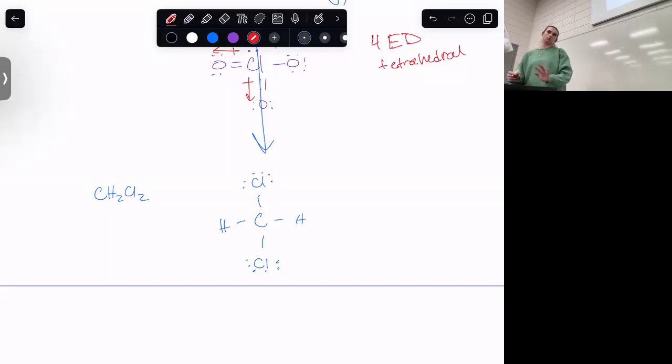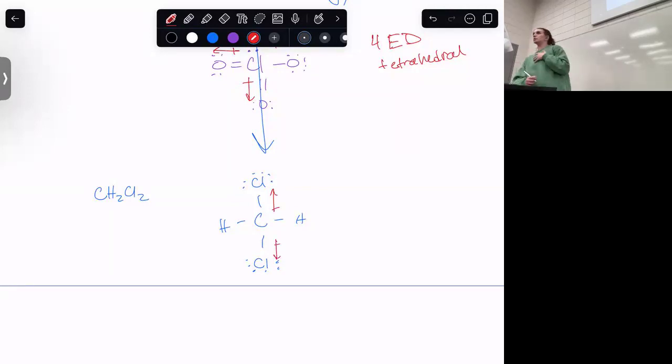We'll say those are neutral, it doesn't really matter about those. The chlorine is actually going to be a little bit more electronegative than the carbon, so they're going to point outwards.